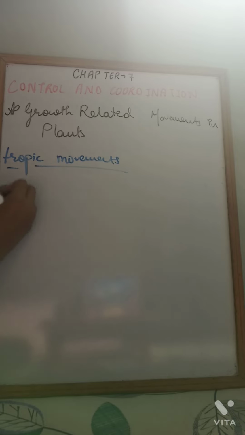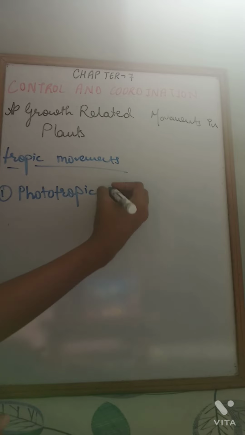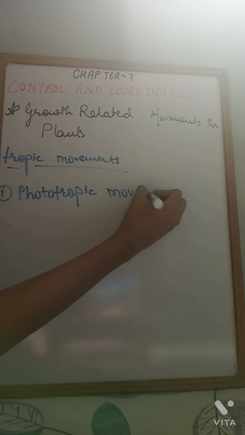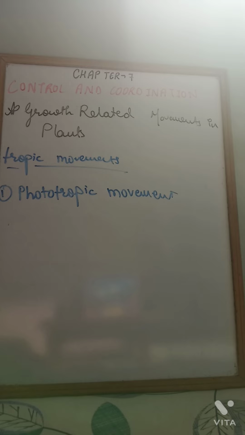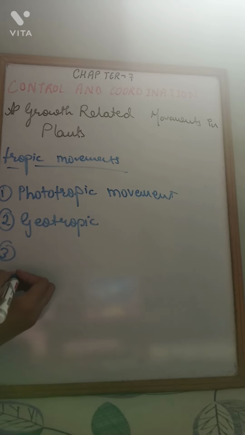First, phototropic movement. It is light dependent. Then second comes geotropic. Third comes chemotropic.